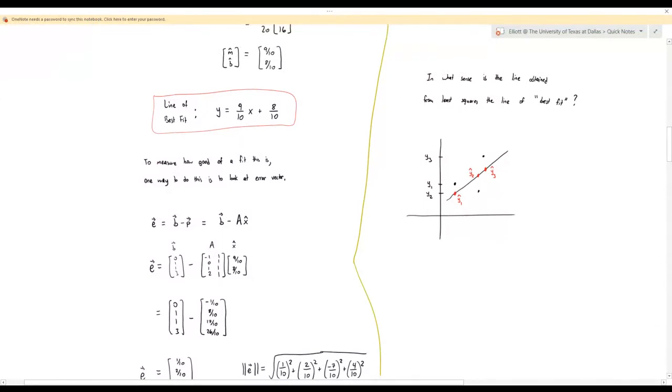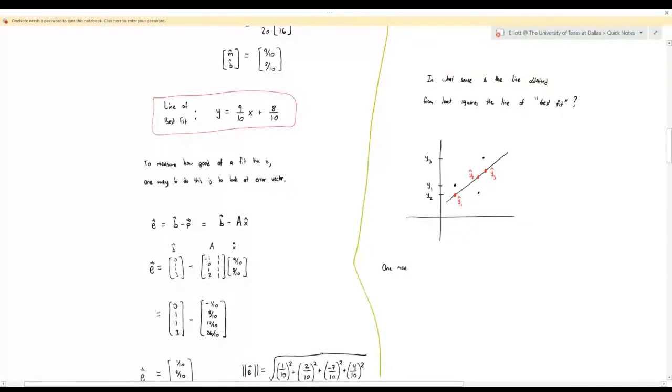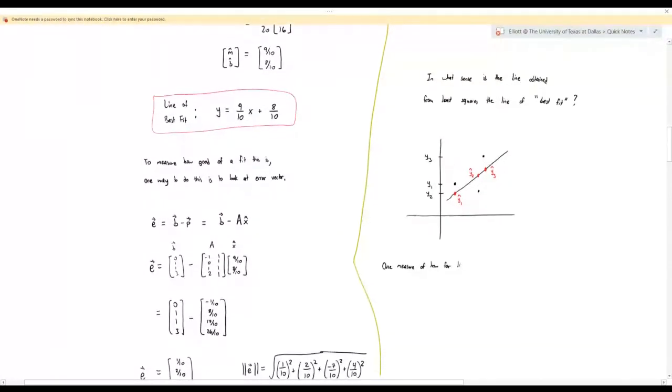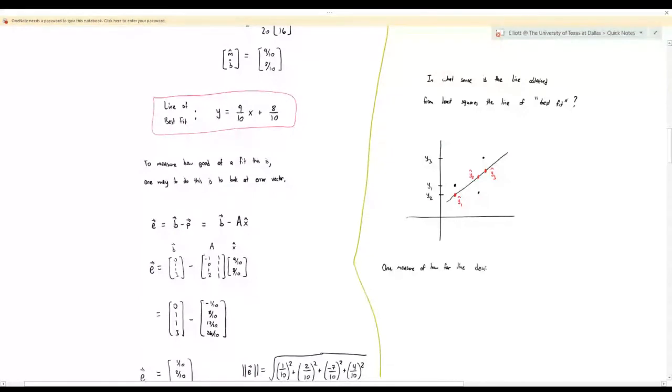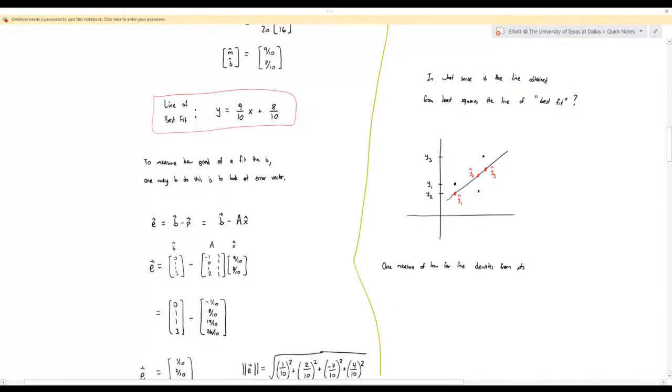One way of measuring how far this line deviates from the given data points is to take the difference between the y values at the points and the corresponding y values on the line.